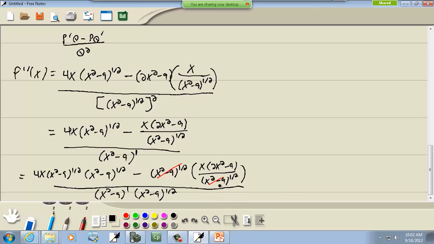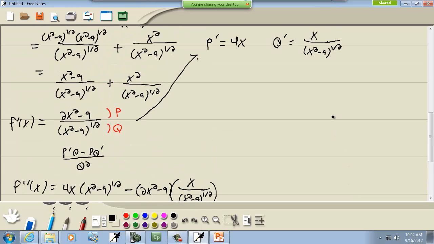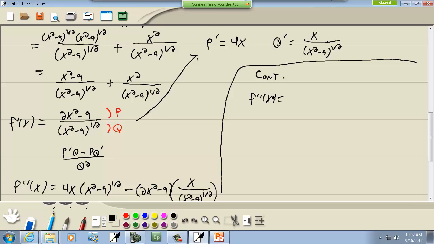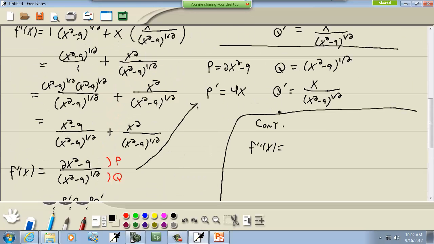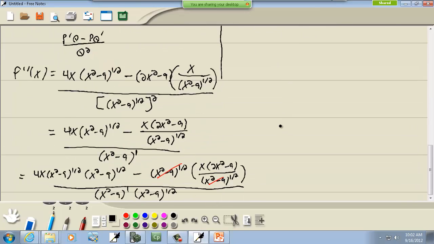I'm going to continue the problem up here. So for our second derivative, here we have 4x, so that remains. Now here we have x squared minus 9 to the 1/2 times x squared minus 9 to the 1/2. Since they're both the same, we're going to add the exponents. 1/2 plus 1/2 is 1, so that just gives us x squared minus 9.